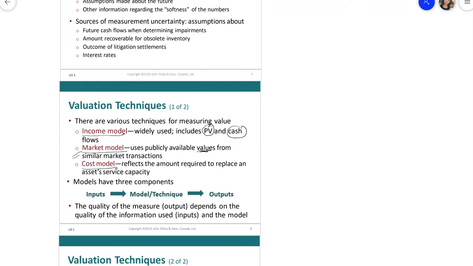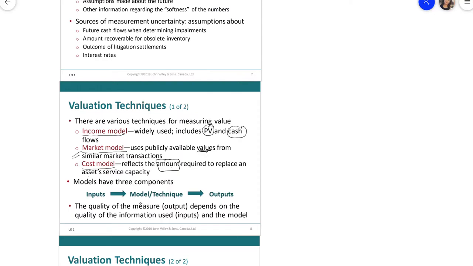A cost model reflects the amount required to replace an asset. If you have an asset and something happens to that asset and you have to replace it, the amount that you have to pay to replace that asset goes under the cost model.